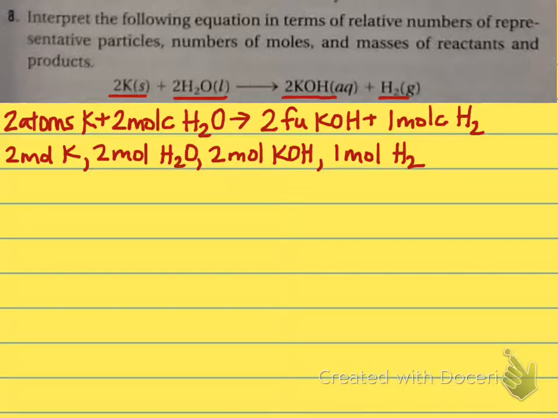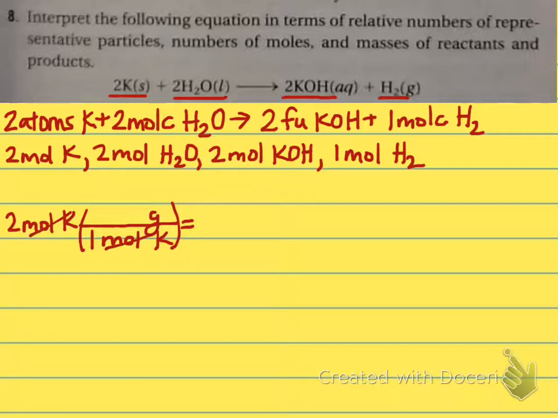Now, masses of reactants and products. Again, this requires math. And again, this is the math I want to see. So my coefficient on potassium is 2, so I have 2 moles of potassium. I'm going to use the molar mass of potassium to figure out the grams.